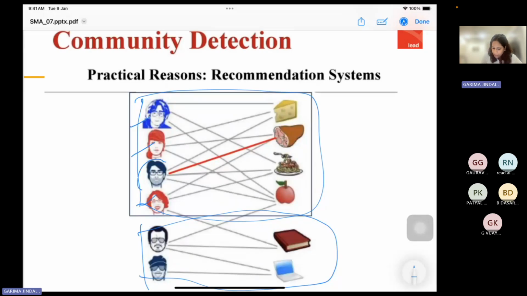And this particular node has bought similar items, but has not bought ham. So now this particular node can be recommended ham to buy. Okay, so this is how the recommendation systems work. First you identify the communities, and then you see the patterns of what different products the people in this particular community buy, and based on that, the system can recommend things to a user.